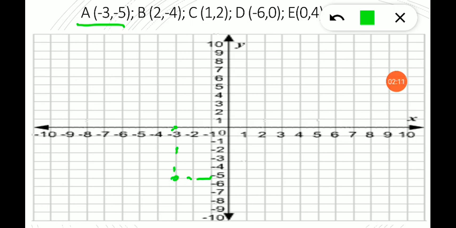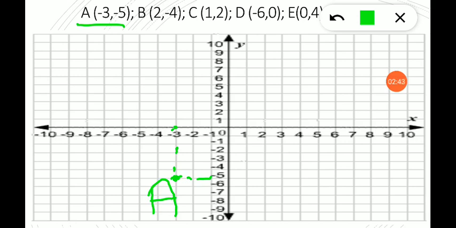So this is the meeting point, and this is our point A. Got it? -3 from the x side and -5 from the y side, and the point where they meet.